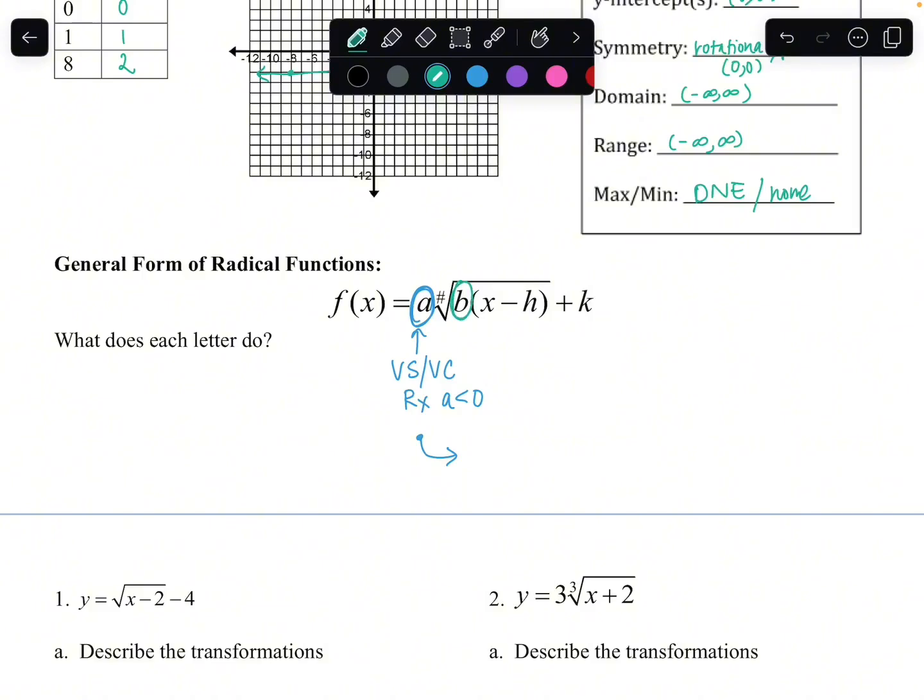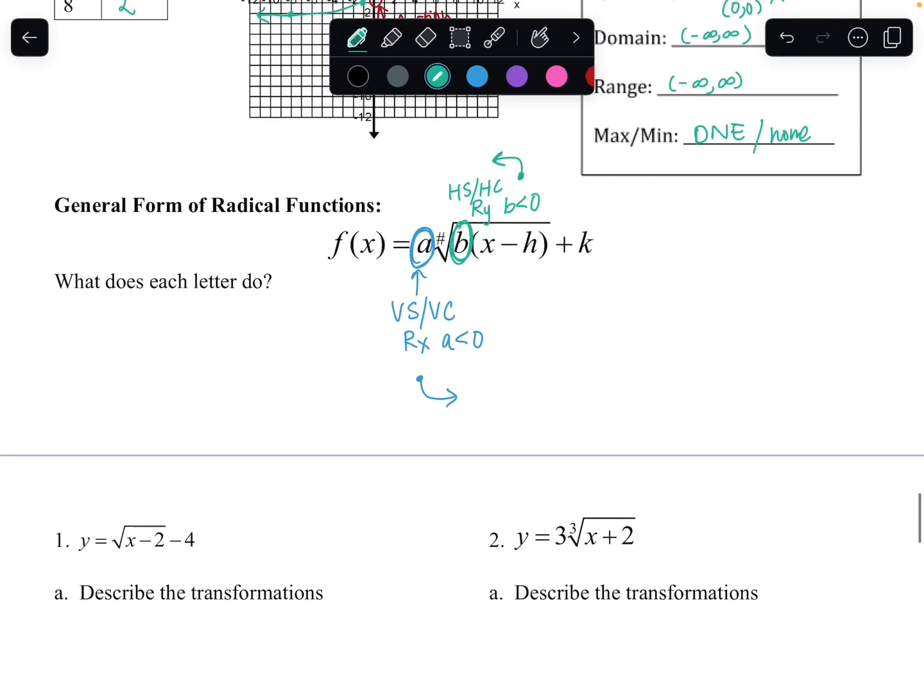If you have a number being multiplied inside the radical, that is going to be a horizontal stretch or horizontal compression, or a reflection across the y-axis if that b value is less than 0. And so for our square root, that would be reflected across the y-axis. It would look like this.